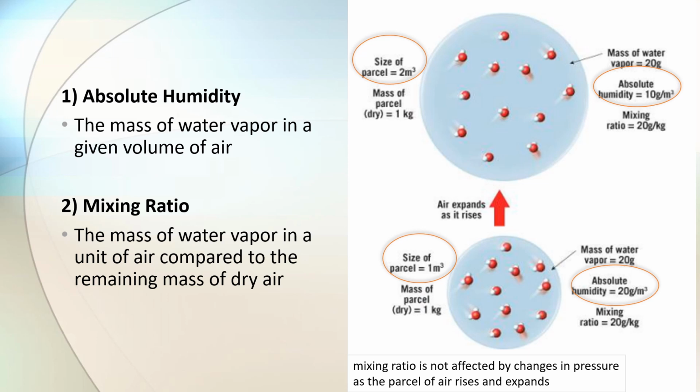That's why it's difficult to track the humidity when you're using the absolute humidity, because of the changing volume of air. But with the mixing ratio, it stays the same. It's only 20 grams per kilogram. It's not affected by the change in pressure or the change in temperature.